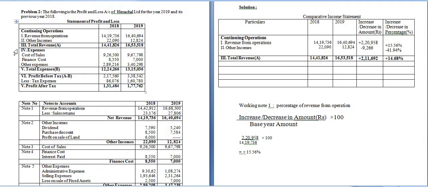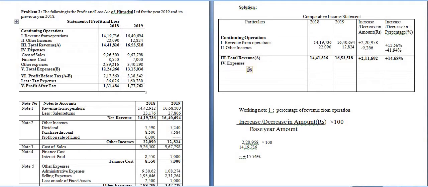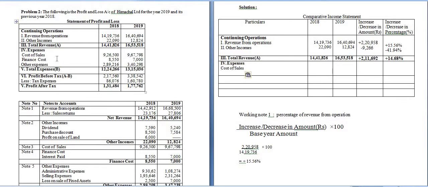Now next is expenses. First write the heading expenses. In that, the first one is cost of sales. What is the amount of cost of sales for the year 2018?